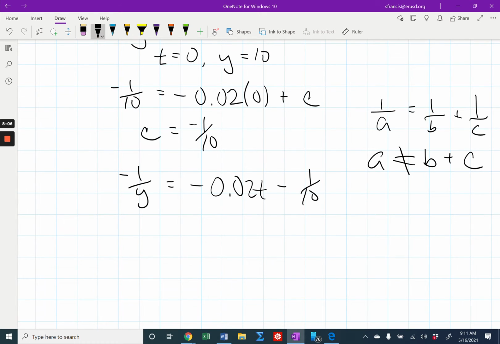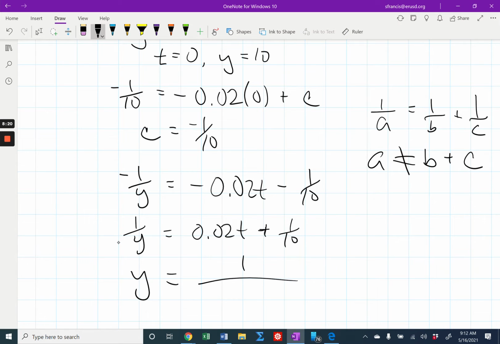So, by the way, since everything's negative here, before I even do anything, I'm just going to change all the signs so I don't have to deal with the negatives. Now, if I do take a reciprocal on this side, then I take the reciprocal of the whole thing like this. Now, if you want to do some mathematics to rewrite this, you can, but why bother? This is mathematically correct.